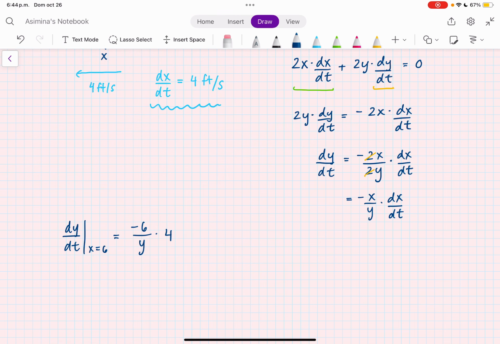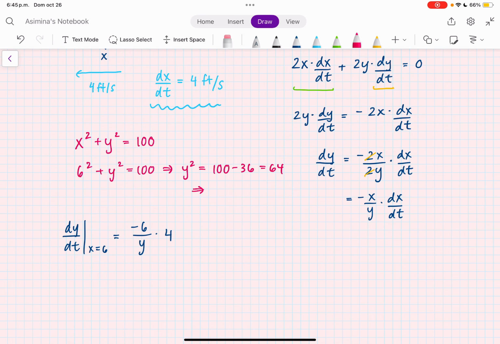Now what is y? Well, we can solve for y using the fact that x squared plus y squared equals 10 squared, which is 100. When x equals 6, what is y? So let's plug in 6. So this means that y squared equals 100 minus 36, which is 64.